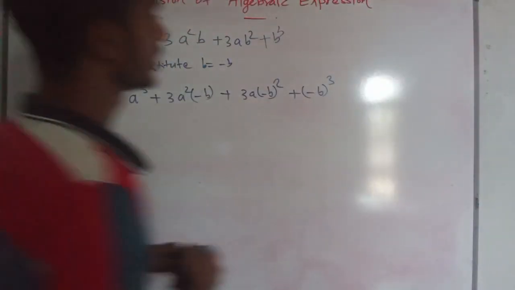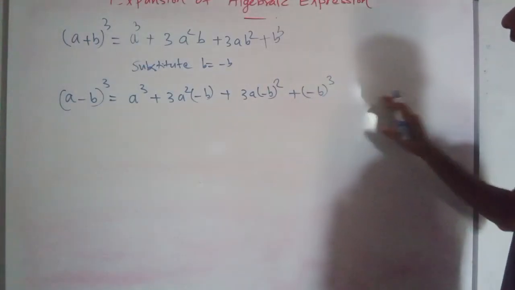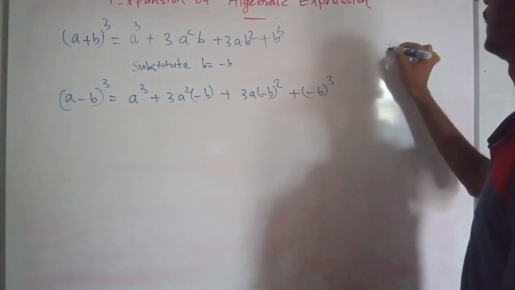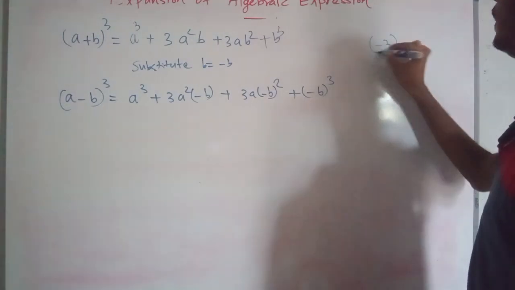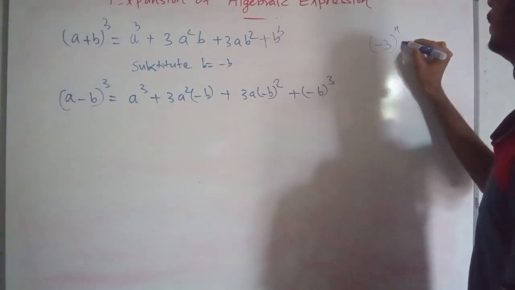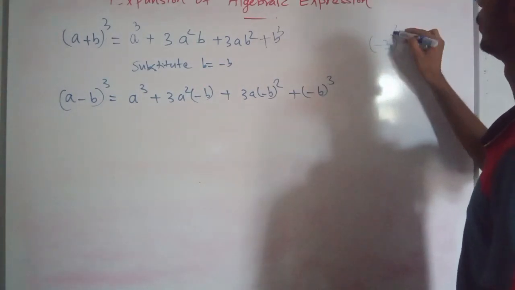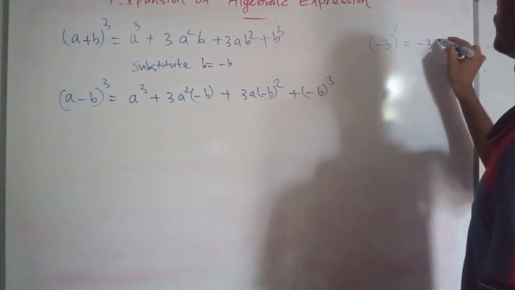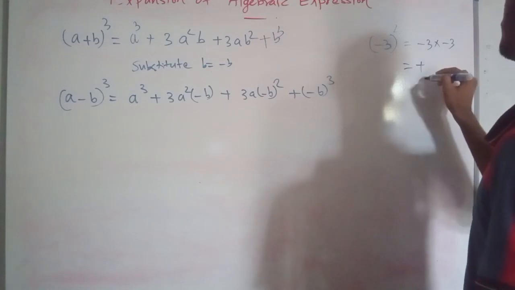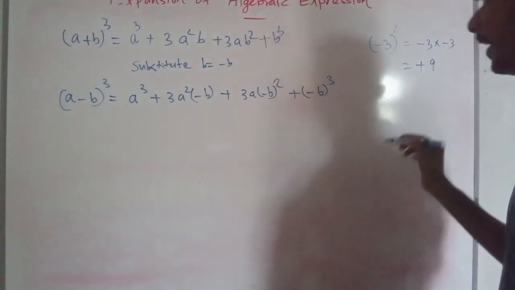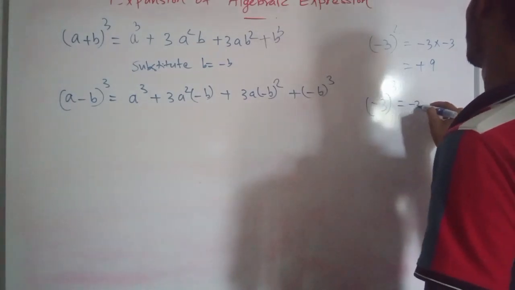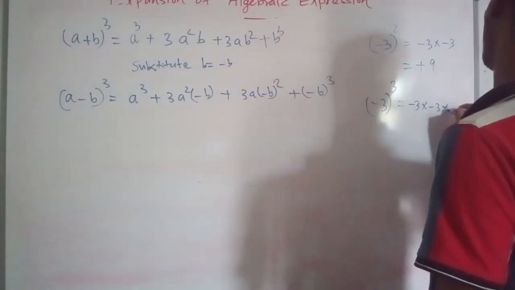Okay, now you just see this. Now, simply look at this, right? So minus 3 power any number n. Let me take 2. So this will be equal to minus 3 into minus 3, right? So this will be equal to plus 9. So I will take another example, minus 3 power 3. Now this is equal to minus 3 into minus 3 into minus 3, right?